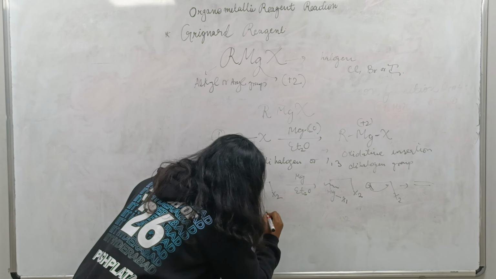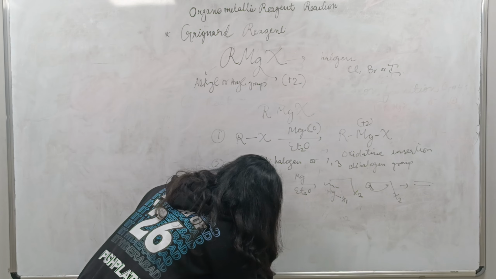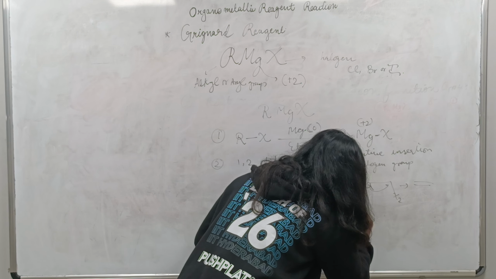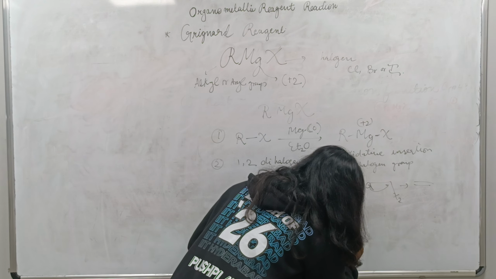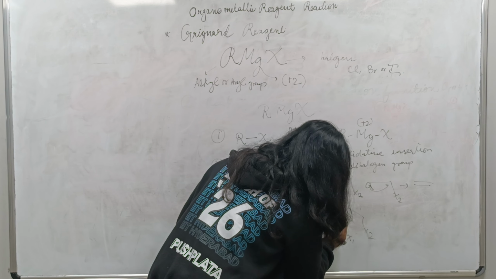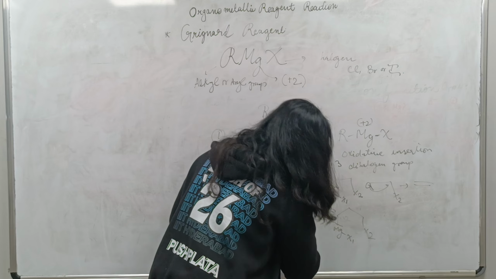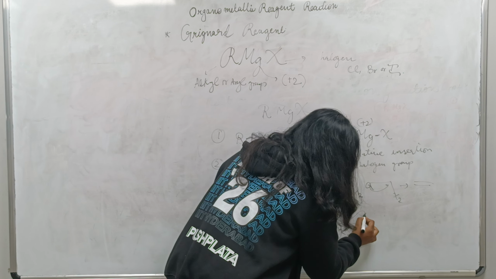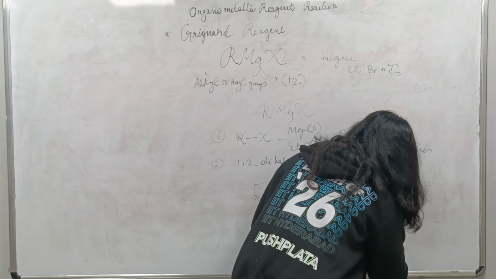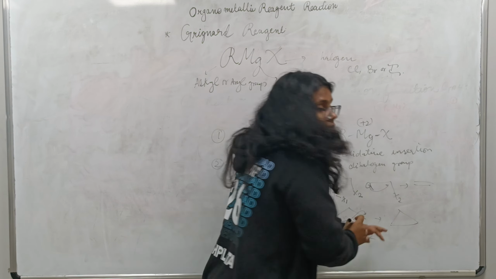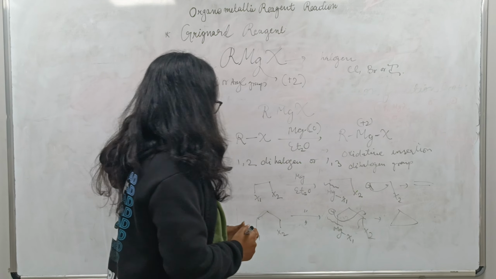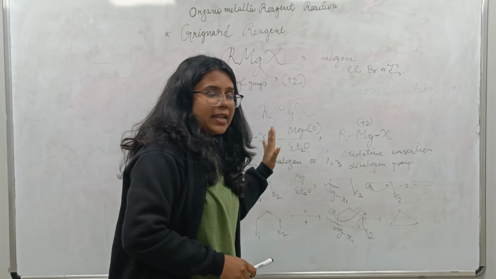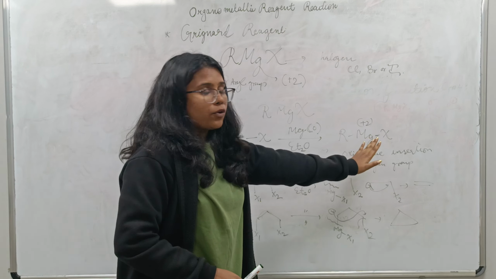In case of 1,3-dihalogen, this bond will break and the negative charge at the carbon will attack this position to eliminate the halogen and lead to the formation of a cyclopropane ring.